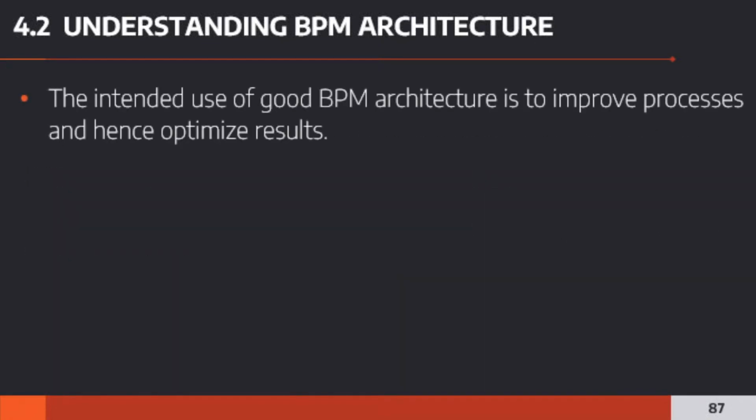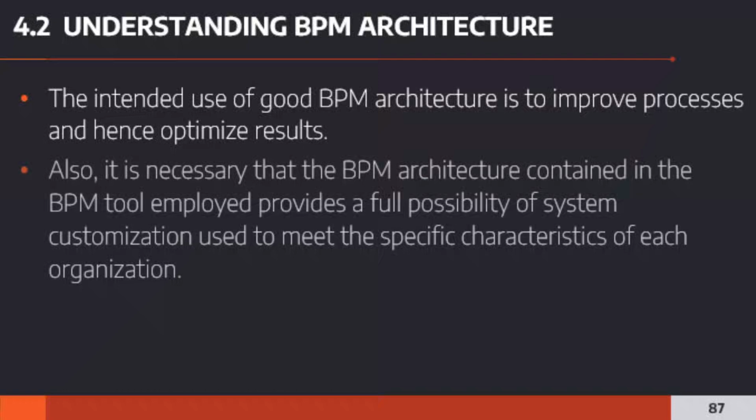The intended use of a good BPM architecture is to improve processes and hence optimize results. Improve process, better results. It is also necessary that the BPM architecture contained in the BPM tool employed by your company will provide a full possibility of system customization and meet the specific characteristics of its organization.